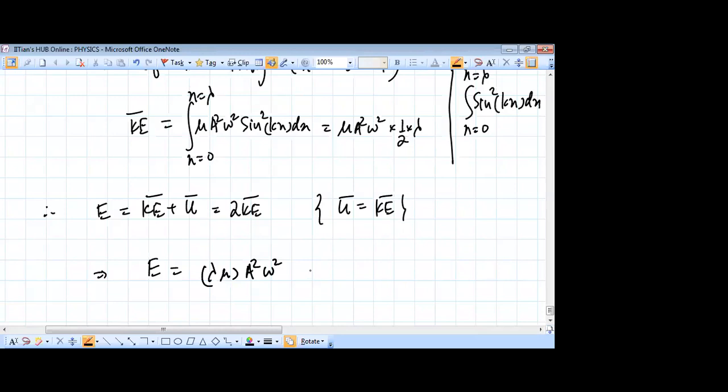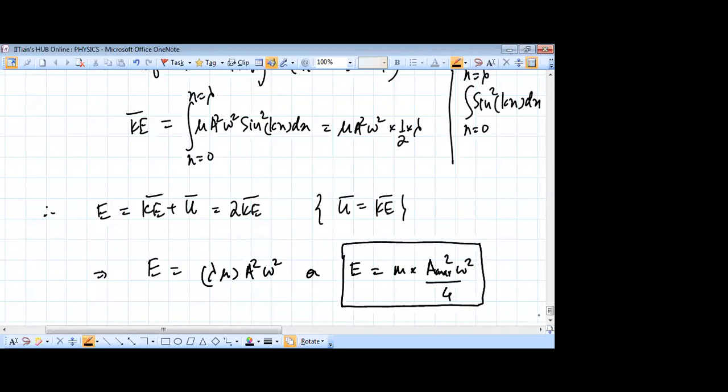So if you think of it logically, you can understand that it is m, that is the mass of that section of the string, into maximum amplitude square omega square by 4, where maximum amplitude is the amplitude of the antinode.